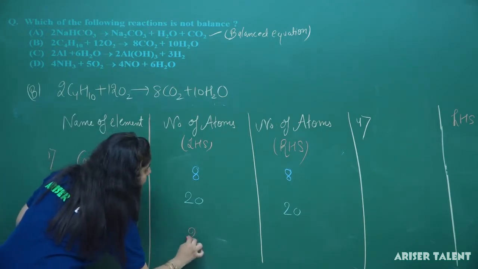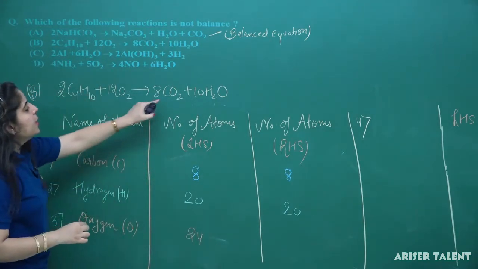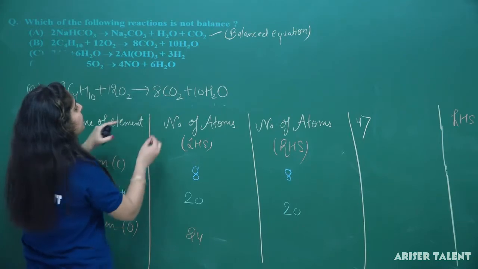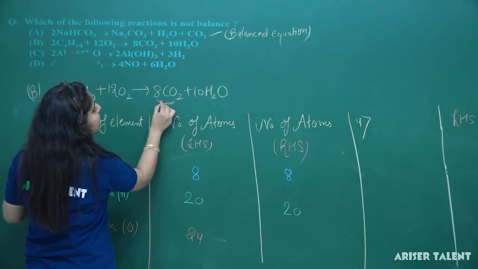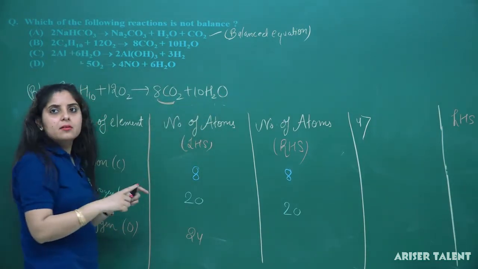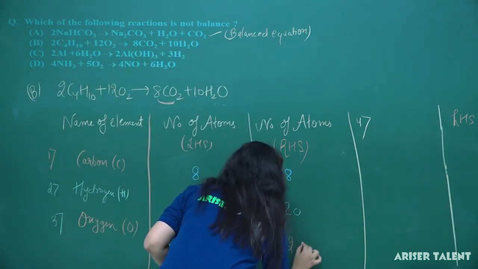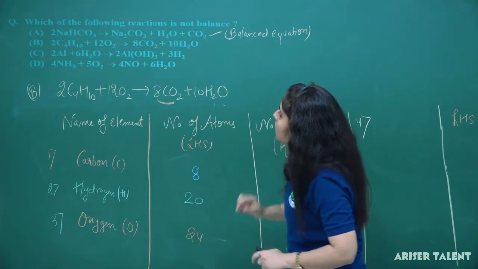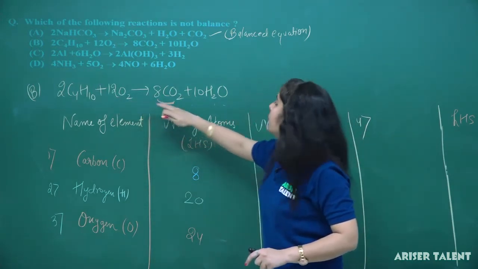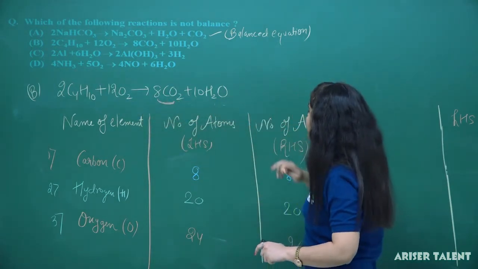Now calculating the oxygen atoms on the other side, 8 into 2, 16. 16 plus 10 gives us 26. So 12 into 2 is 24, and 8 into 2 plus 10 gives us 26.